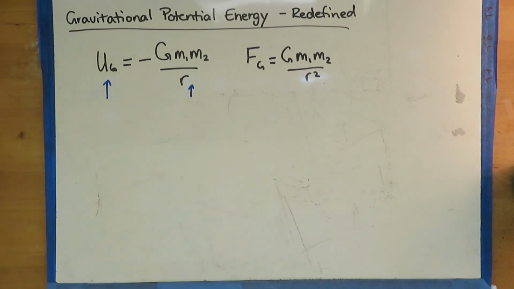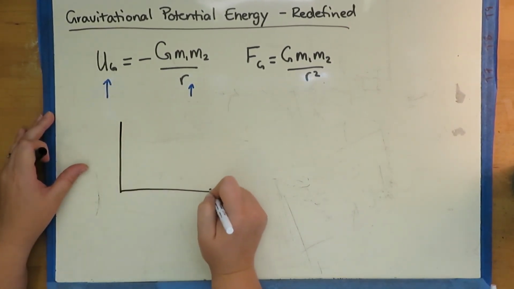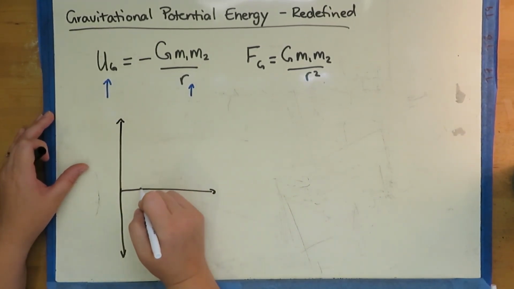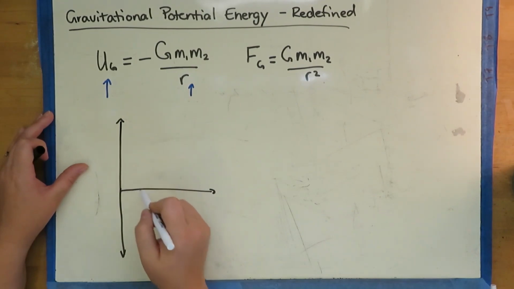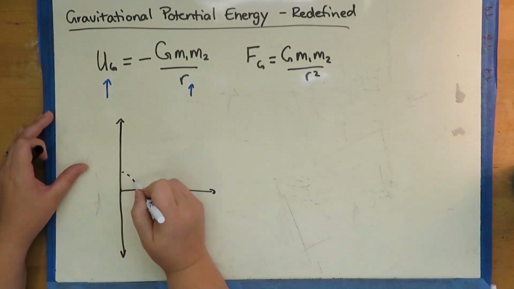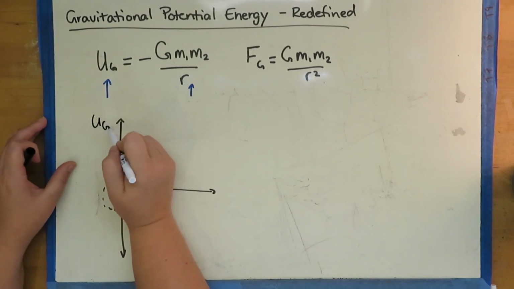So if you were to graph this function as a function of radius, and let's say you've got a planet type idea. So this is like the radius of the planet. So there's your planet here. And this is gravitational potential energy.